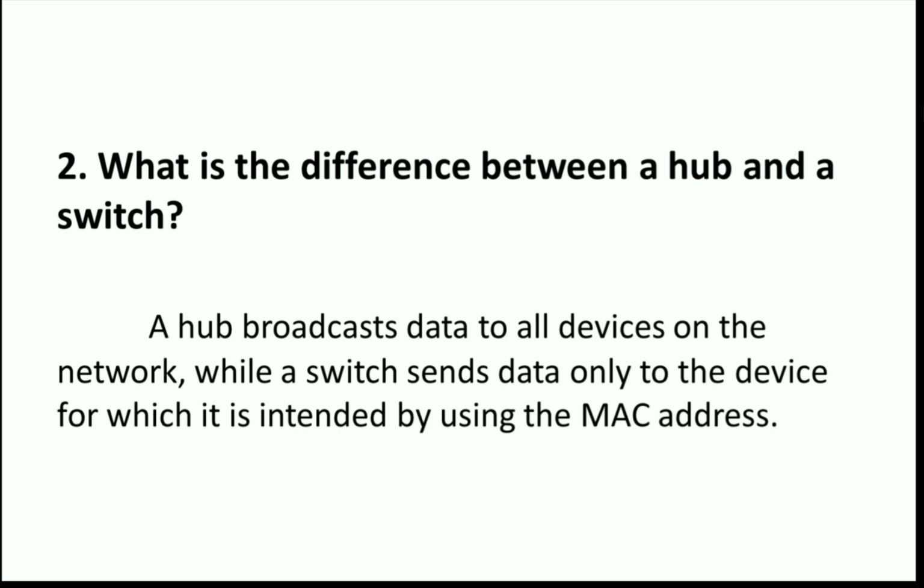Hub is less efficient as compared to switch. Security. Hub is less secure than switch. Cost. Generally, hub is cheaper, but it is outdated. The switch is slightly expensive, but it is better in performance.